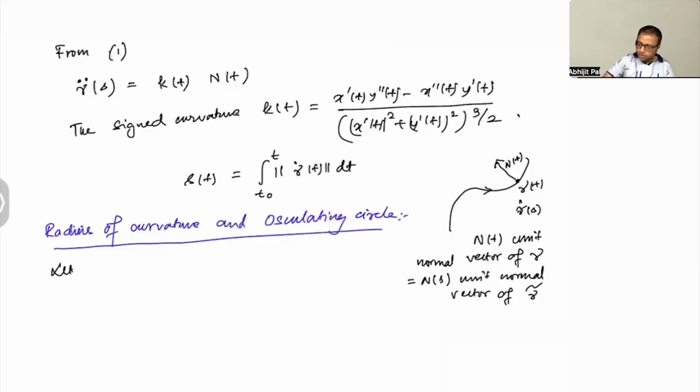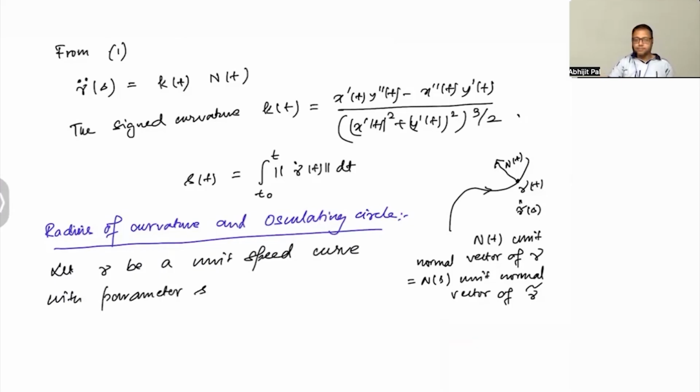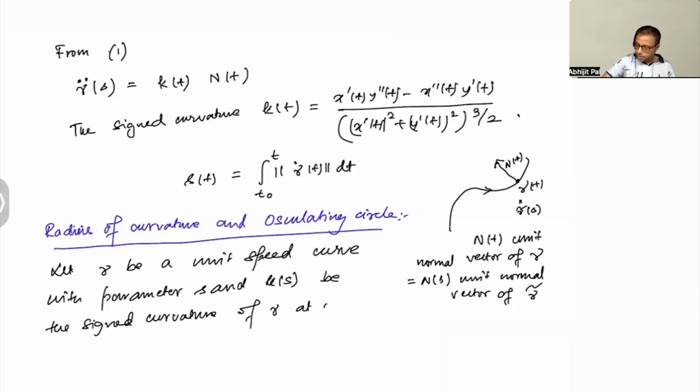So let gamma be a unit speed curve with parameter s, and ks be the signed curvature of gamma at gamma s.